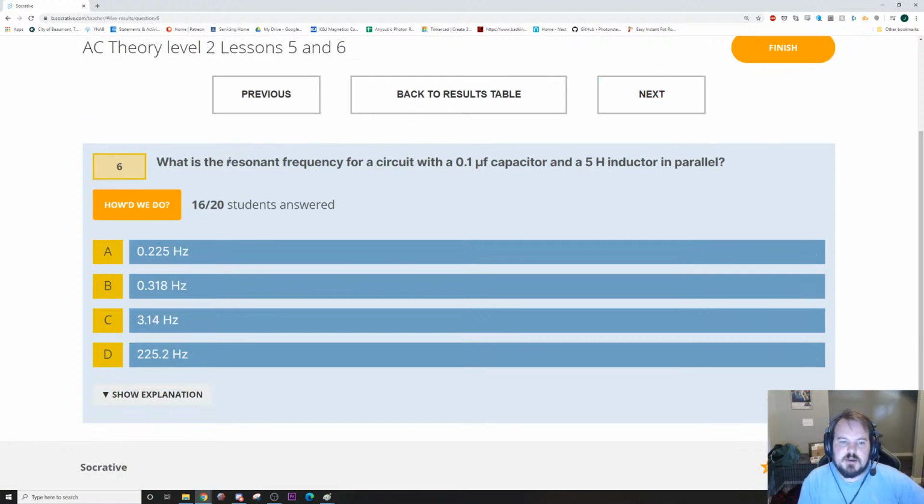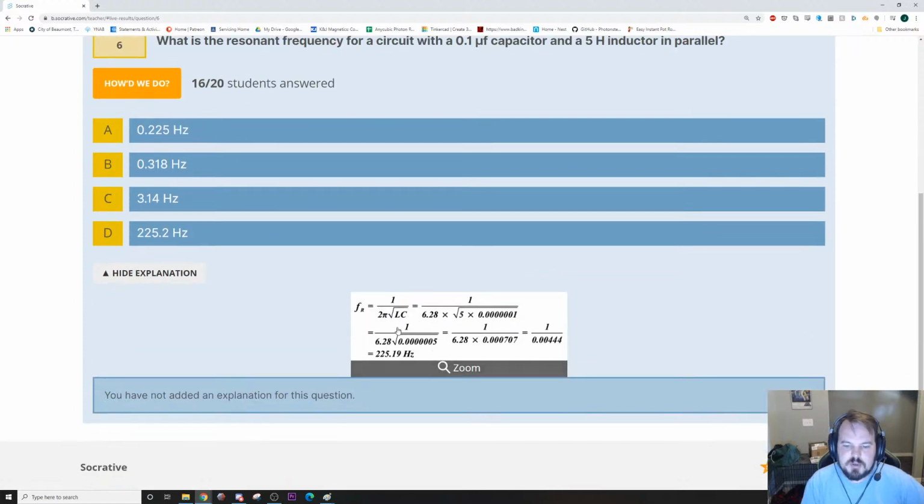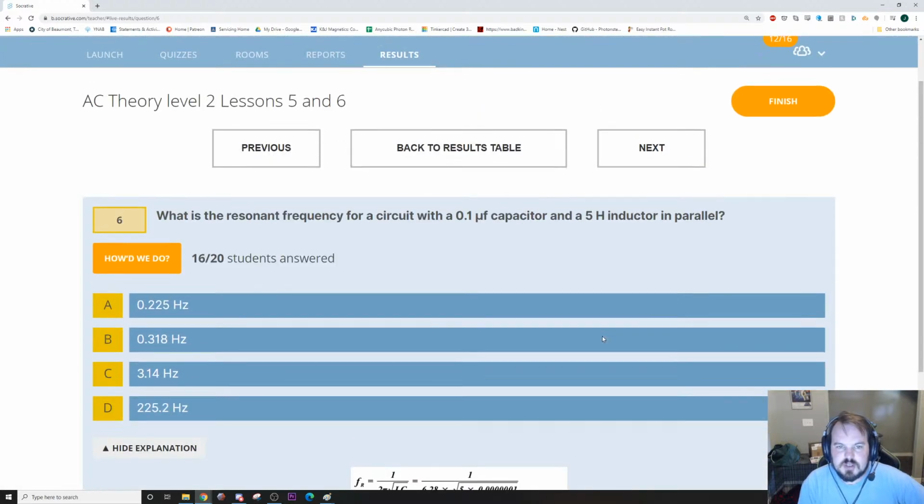All right. What is the resonant frequency for a circuit with a 1.1 microfarad capacitor and a 5 Henry inductor in parallel? There's a formula for that. You will need to look it up, and you just plug the numbers in. There's nothing really special about it. I'm not going to spend too much time on resonant frequency.